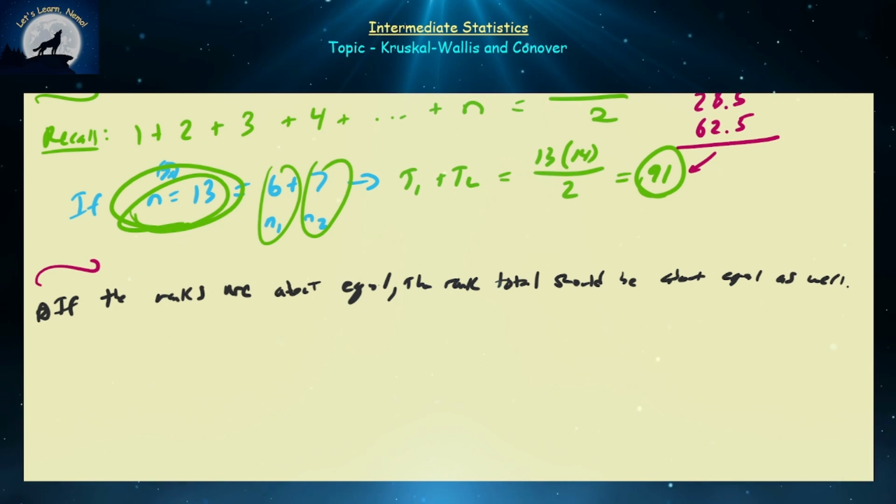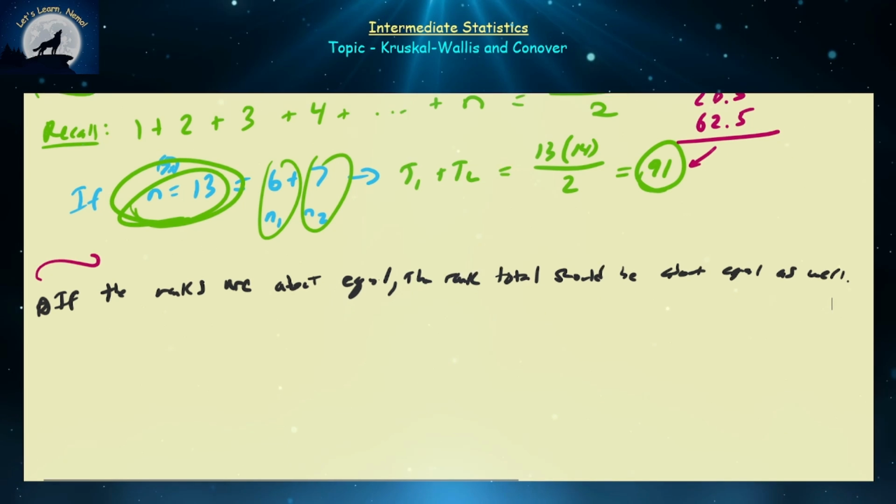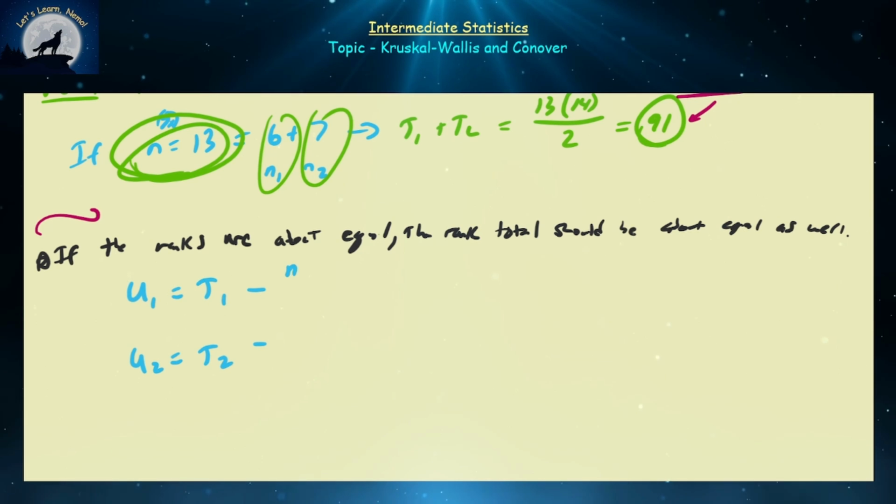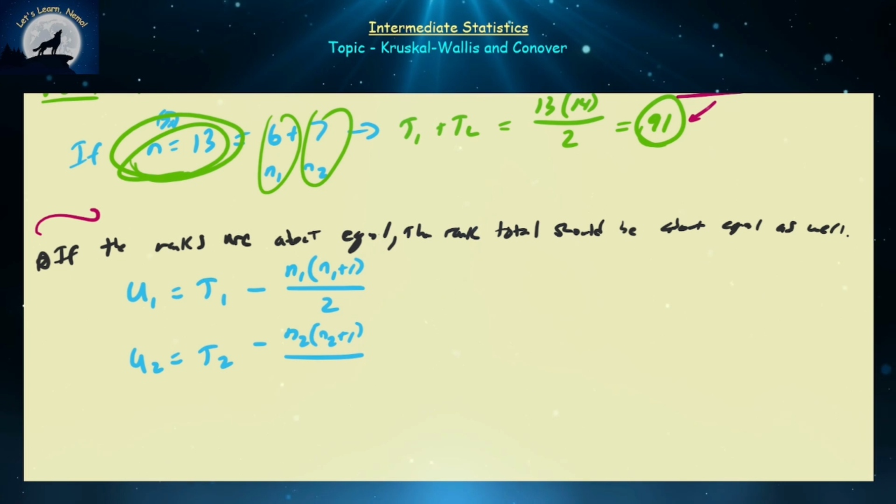With this idea, some people will create new test statistics, which I'm going to be calling U1 and U2, equal to the values T1 and T2, but trying to offset the sample size difference between the two, right? So if N2 is really large, when we subtract this total N2 value off, it pretty much brings that value of T2 down.